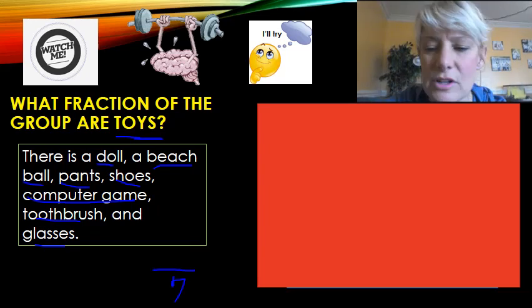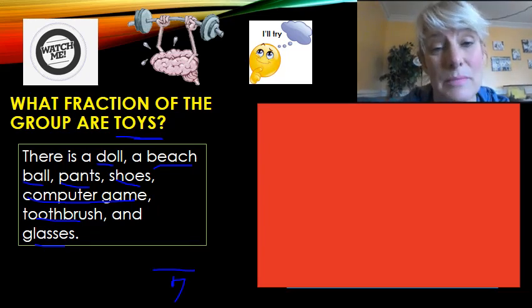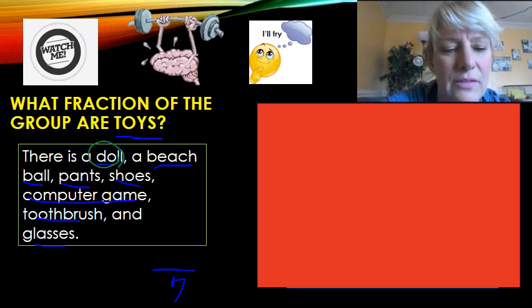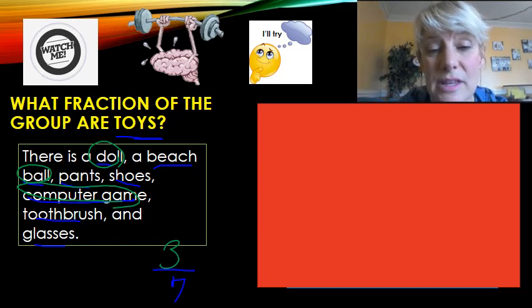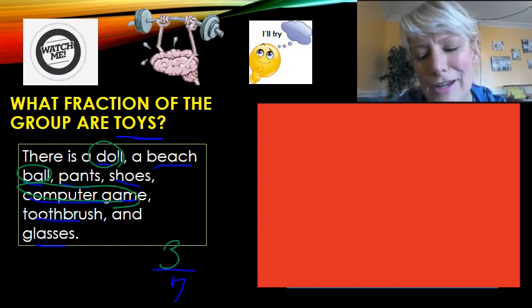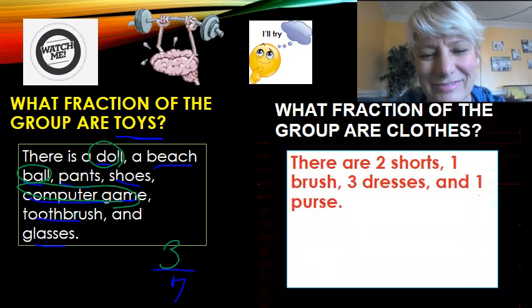There are a total of 7 objects, but the question asks me to tell how many of them are actually toys, things that people play with. So I have the doll, the beach ball, the computer game, and that's going to be all. So 3/7 of those are actually something that people would play with. All right, you try your side, and then come on back and we'll check it.